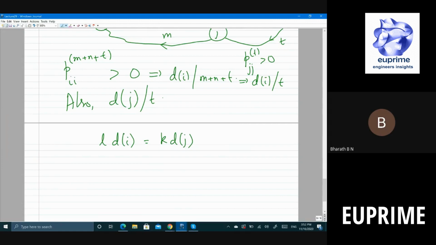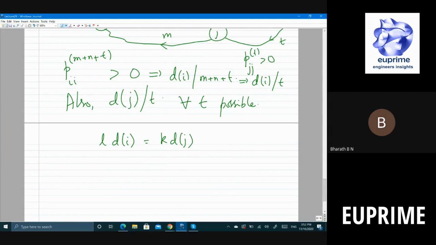So essentially, this is true for every t, right? That is possible, of course, every t possible, right? So that means if you pick any t such that pjj of t is greater than 0, it's true definitely for 2t too. If I can start at j and come back to j in t steps, I can also come back to j in 2t steps because I'll go back and forth, right?